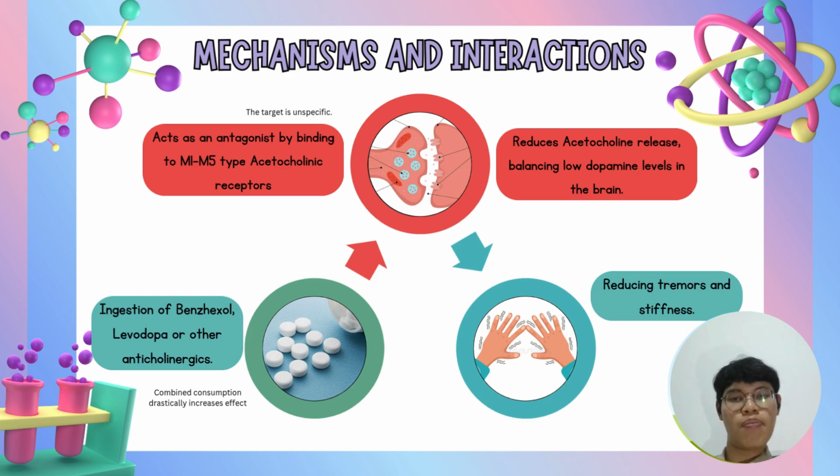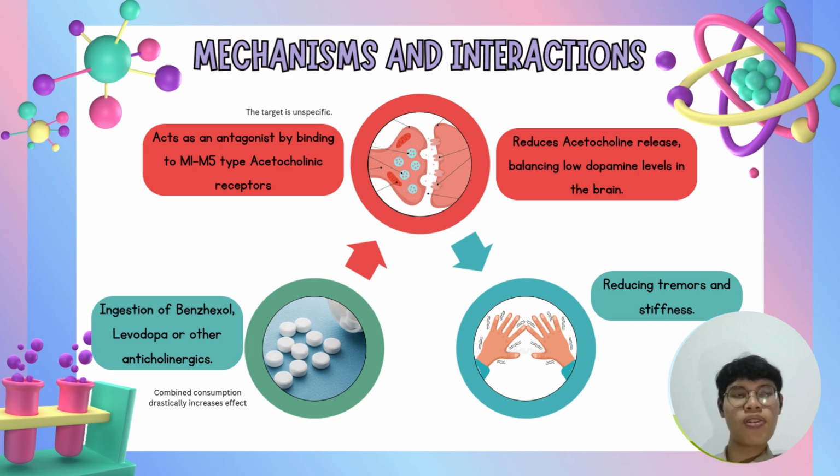How it works is that it binds to M1 to M5 type acetylcholinergic receptors. So all the receptors from M1, M2, M3, M4, and M5. This causes the acetylcholine release in the brain to reduce and meet the low dopamine levels in the brain. Once the acetylcholine and dopamine levels reach an equilibrium or a balance, the tremors and stiffness caused by Parkinson's will reduce or cease entirely.